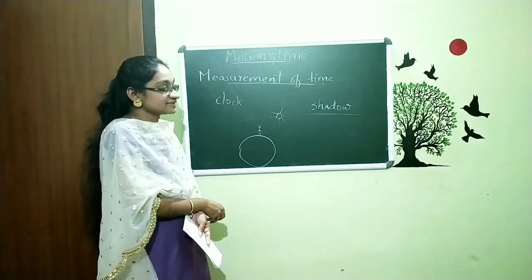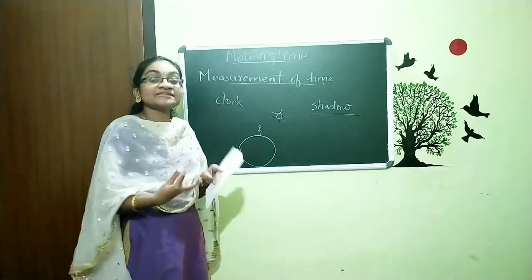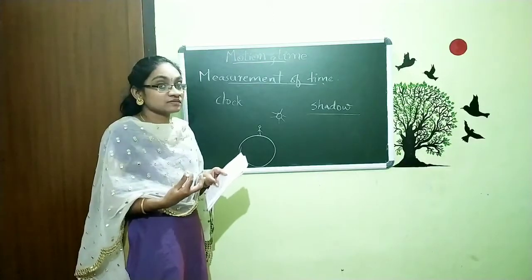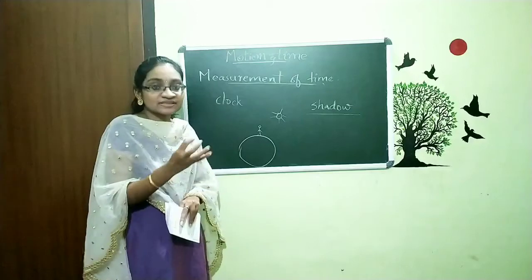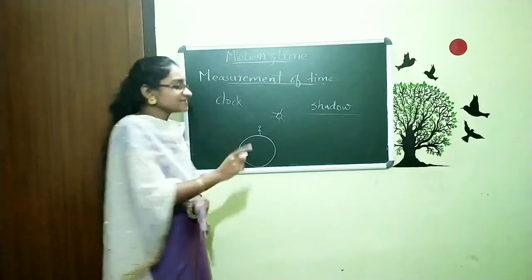My question is this: do all the shadows have the same size? No. In each case, the size of his shadow is different. What is the reason for that?